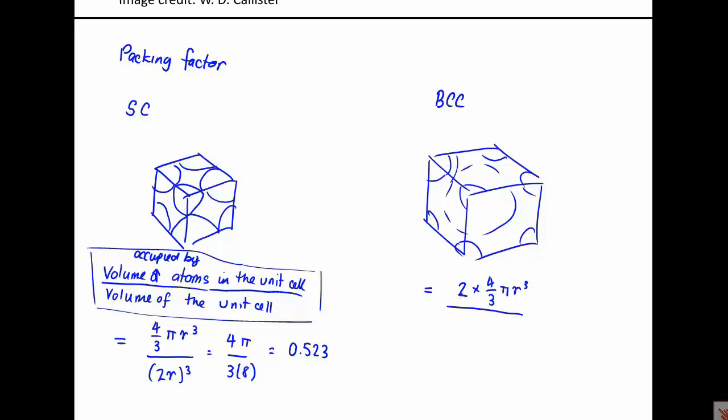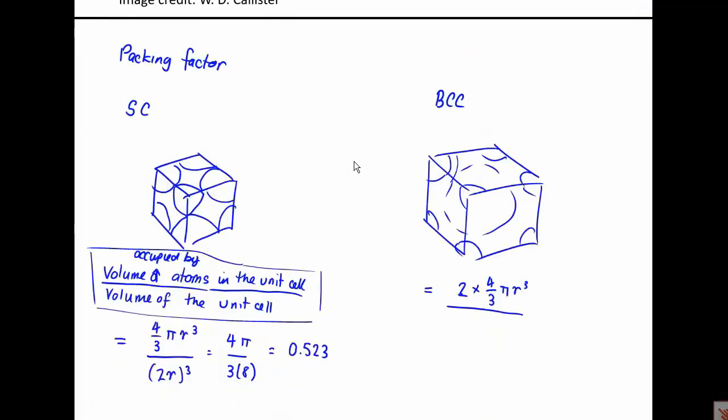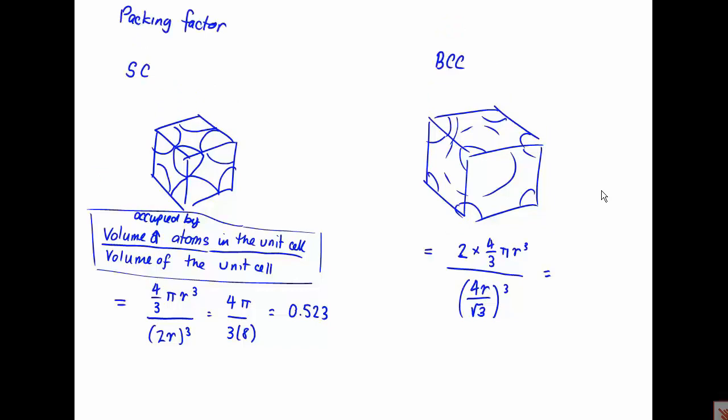We can use the relationship between a0 and r for body-centered cubic, which is 4r over root 3. That gives us a, and we need to cube that. When we calculate this out, we can get the packing fraction for BCC. The procedure is the same for the other unit cells.